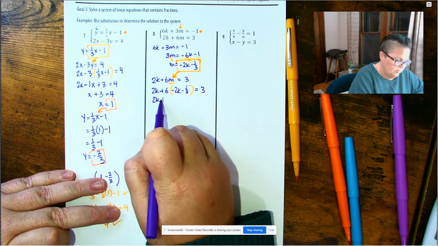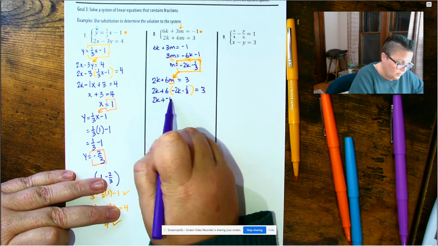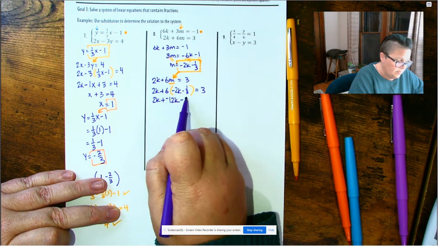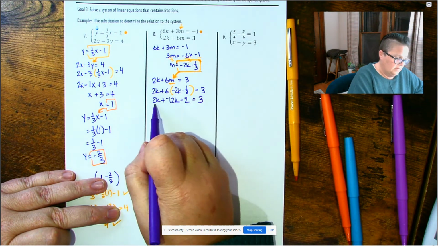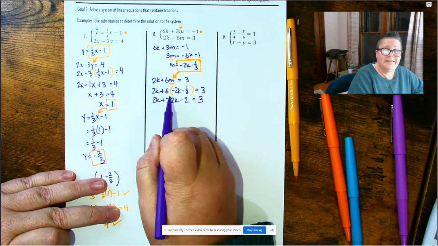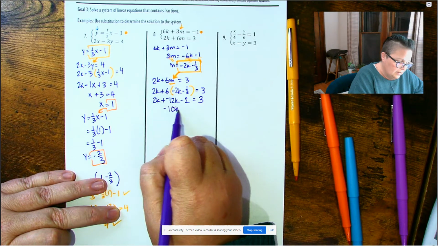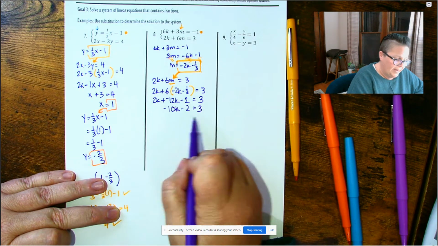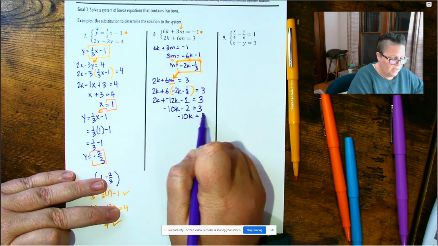Simplifying, 2k plus 6 times a negative 2k is minus 12k. 6 times a negative 1/3 is minus 2, equals 3. So I've got 2k plus a negative 12k. That's going to be a negative 10k. Minus 2 is equal to 3. Adding 2 to both sides, negative 10k is 5.